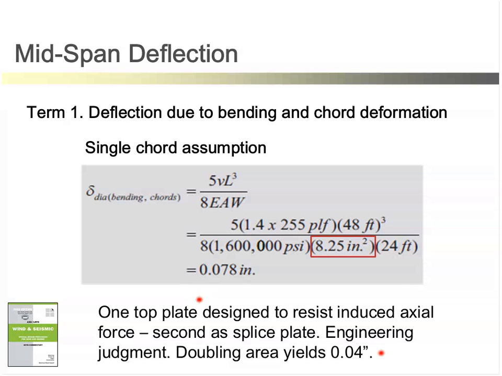But if you look here, even if we were to double this cross-sectional area to 16.5, you're going to change your deflection for this part of the equation to 0.04 inches rather than 0.08 inches rounded. So again, not a significant difference depending on what assumption you make for your chord cross-sectional area there.